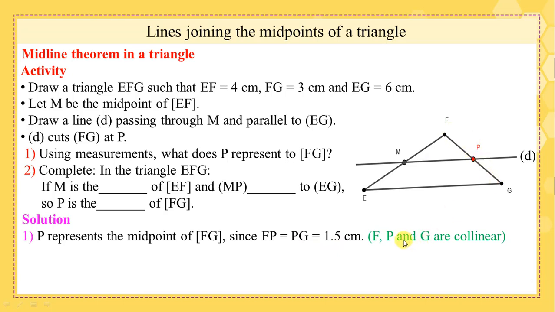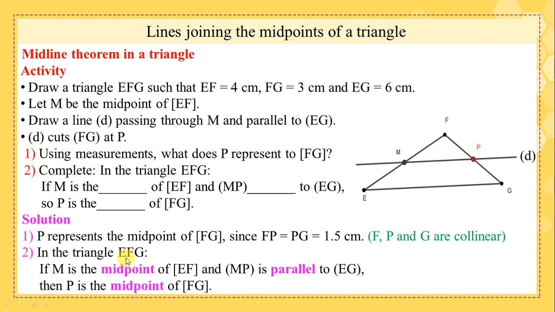Of course, we have F, P and G are collinear points because we cannot talk about midpoint of a segment if the 3 points are not collinear. 2. Now, from the given above and from the conclusion in part 1, we have to complete part 2.